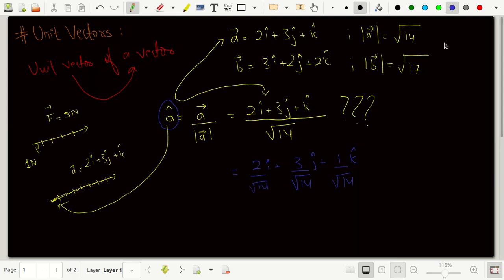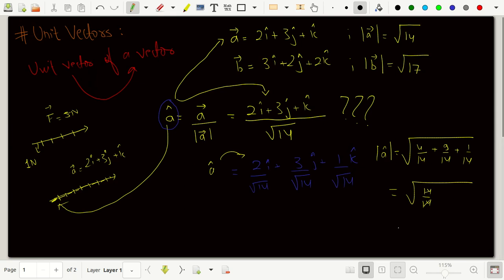I've got the scalar parts x, y and z, and the magnitude of the unit vector is the square root of the squares of the scalar parts: 2 over root 14 squared becomes 4 over 14, this becomes 9 over 14, and this becomes 1 over 14. If I solve it, 9 plus 1 is 10, plus 4 is 14, over 14, and I've got 1.